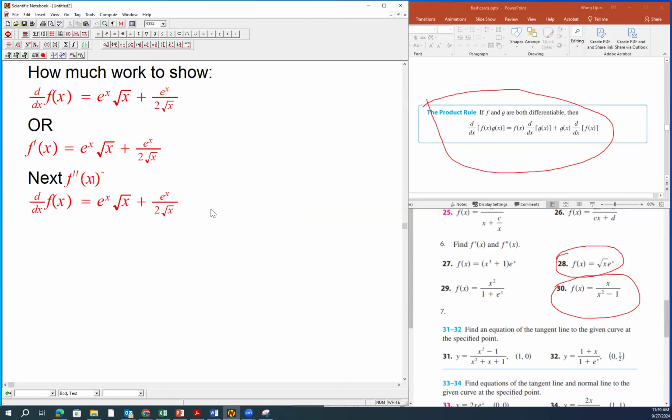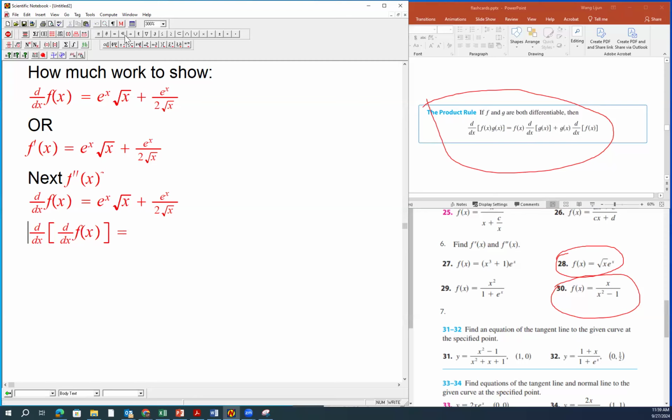Obviously, the second order derivative is a derivative of the first order derivative. So this is the whole of the first order derivative, and the derivative of the first order derivative is the second order derivative.